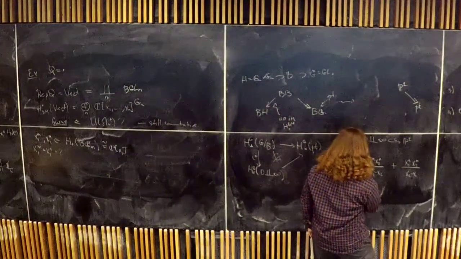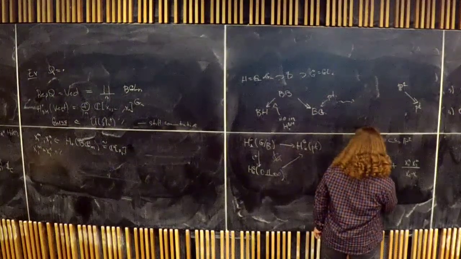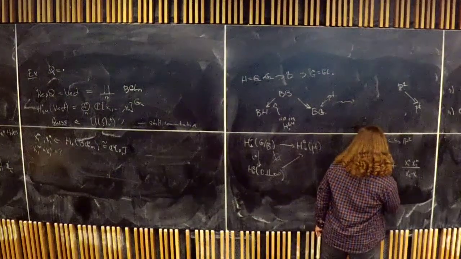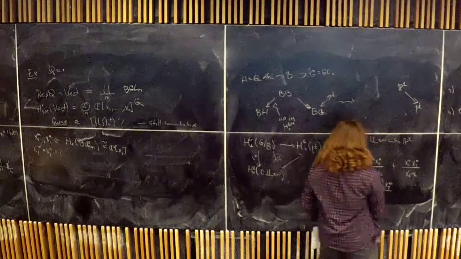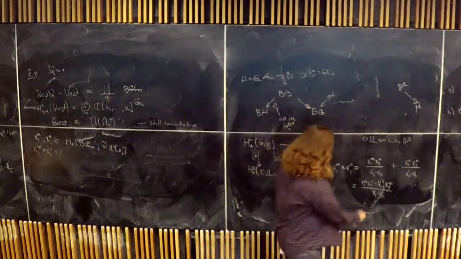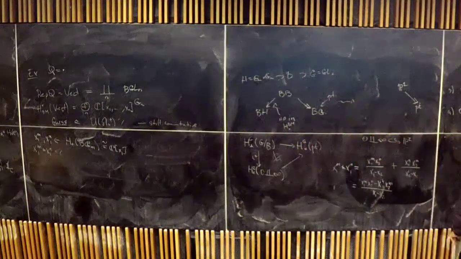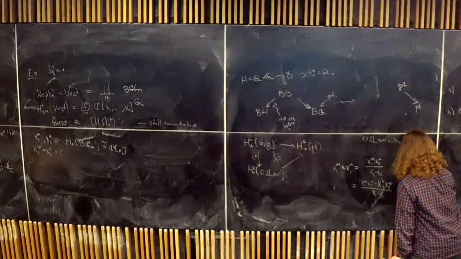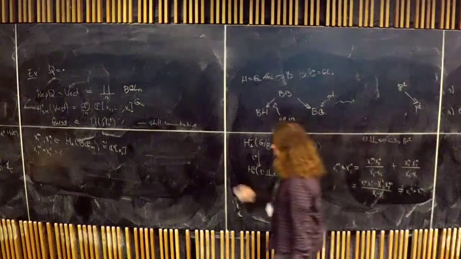But at the end of the day, what's happening is that we get this, and you can see if we switch m and n, the sign changes. So this thing is not commutative.